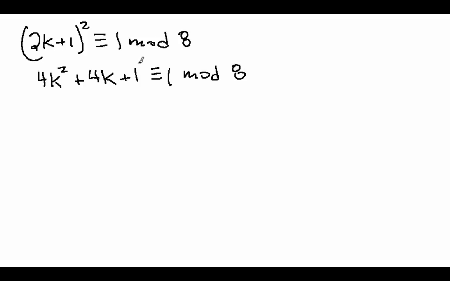And I go, well, I can cross out the 1's on both sides. And now it looks like 4k times k plus 1 is congruent to 1 mod 8.